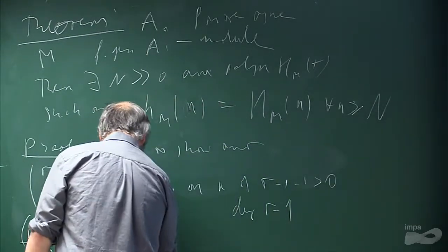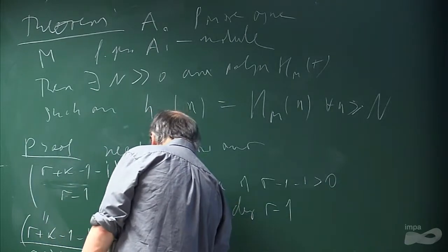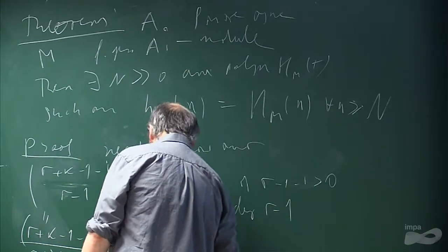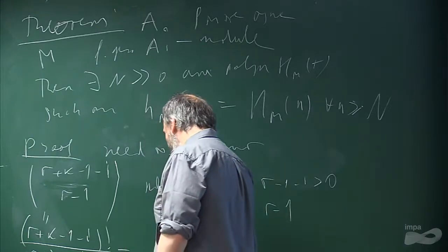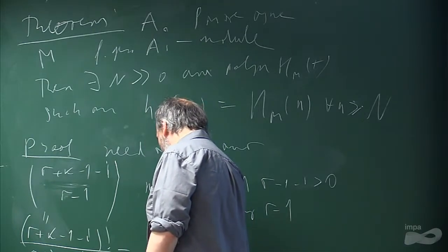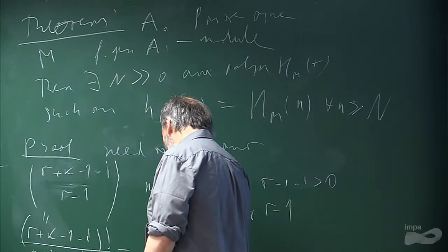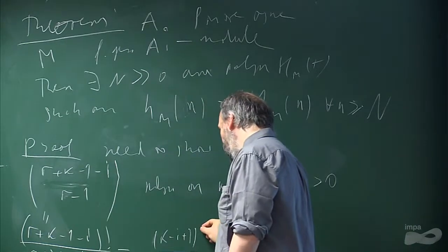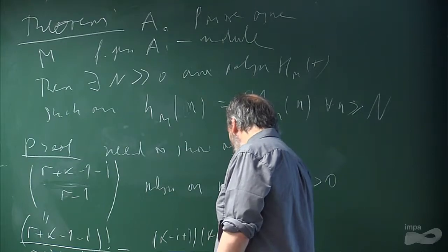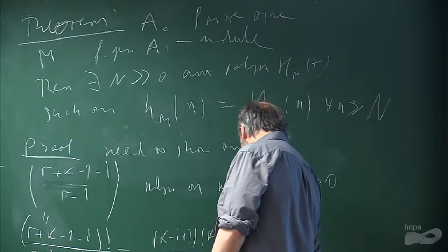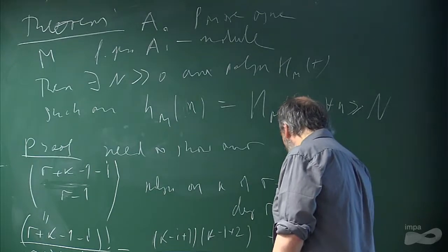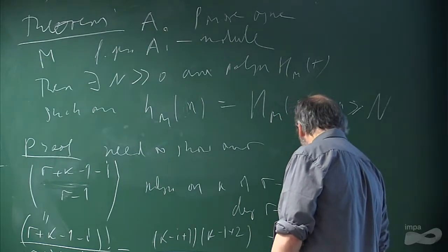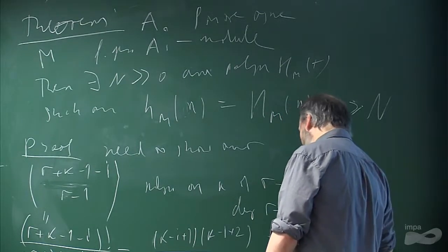This gives us, here you have (r - 1) factorial, and here we start with k - i + 1, then k - i + 2, and so on, up to r + k - 1 - i.